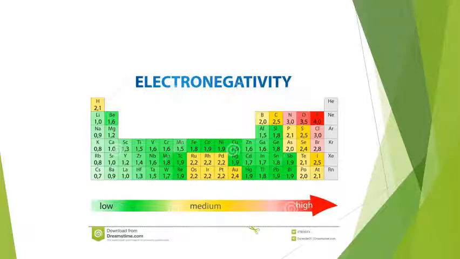These are qualitative, quantitative values originally developed by Linus Pauling, and this must be European because there are commas instead of decimals. In the next few slides I'll be using this.